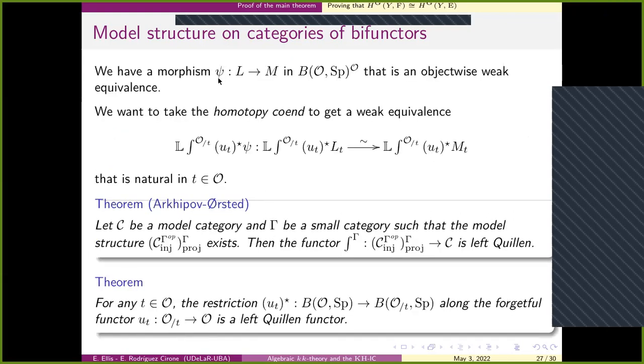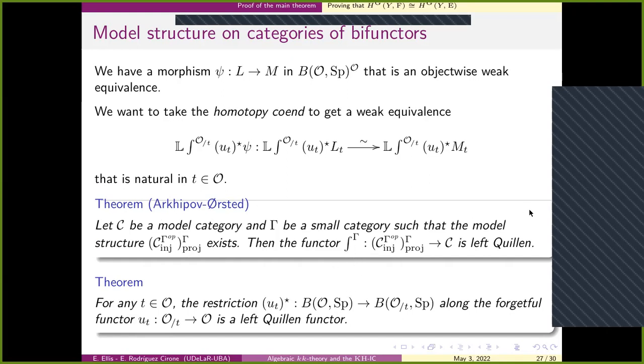So we have this morphism psi in this category that's object-wise a weak equivalence. We want to take the homotopy coend of that morphism. And then we have this theorem by Arkikov and Ørsted that says that if this model structure exists in the category of bifunctors, for example, if C is the category of spectra, then taking coend is a left Quillen functor.